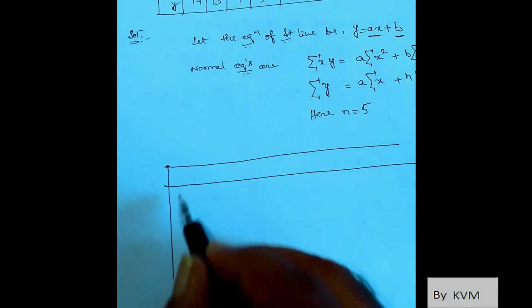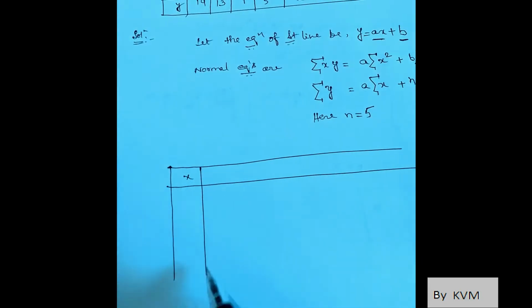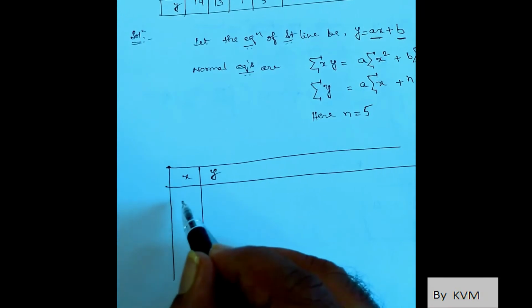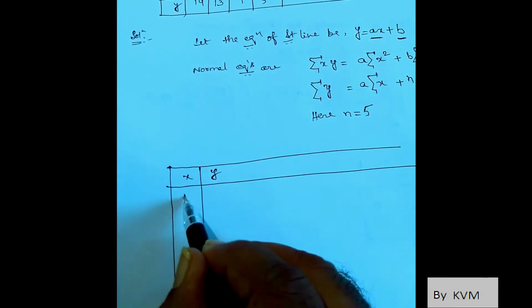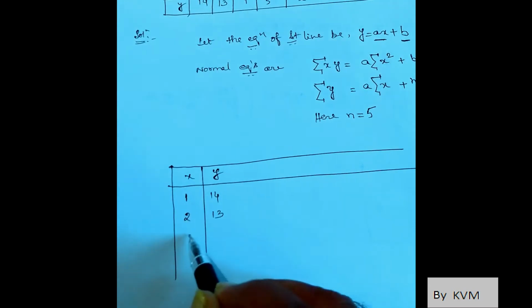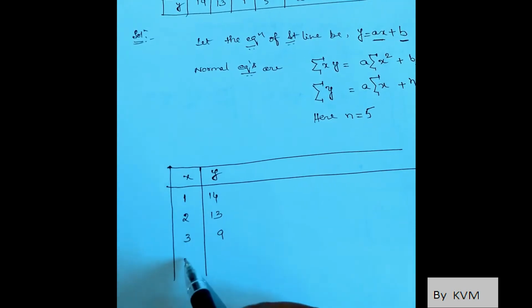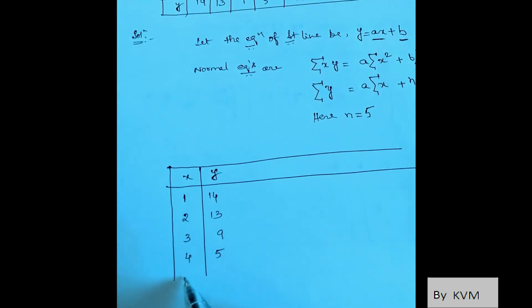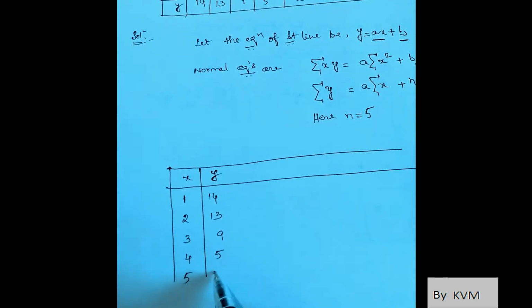So x and y values are given. So when x is 1, y is 14. When x is 2, y is 13. When x is 3, y is 9. When x is 4, y is 5. When x is 5, y is 2.